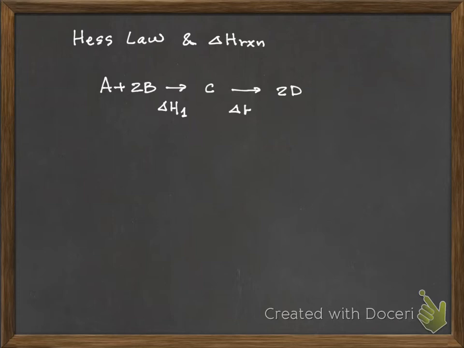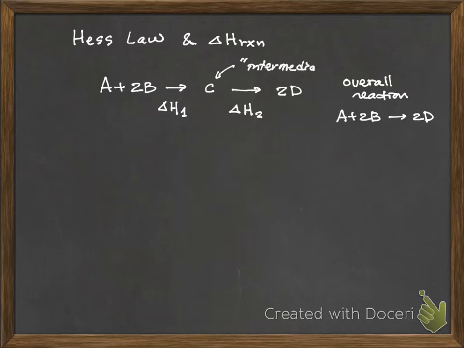The second one is delta H2. So the overall reaction is A plus 2B goes to 2D, and C is what we call the intermediate. Right? So I want to know the delta H of reaction for that.